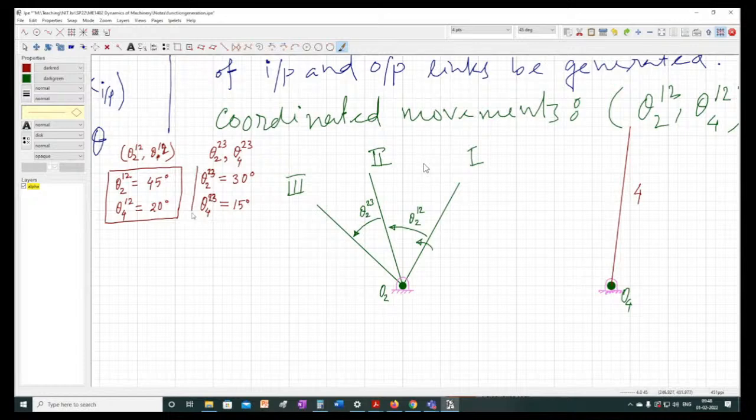Okay, so these are the two coordinated movements which are specified by your client, and you have to design the mechanism.